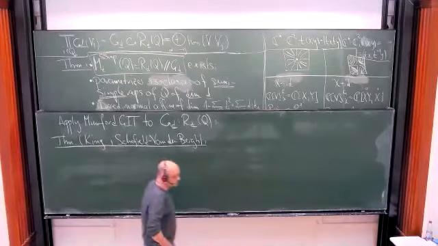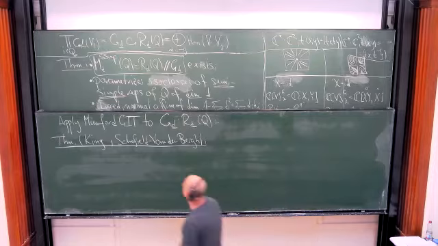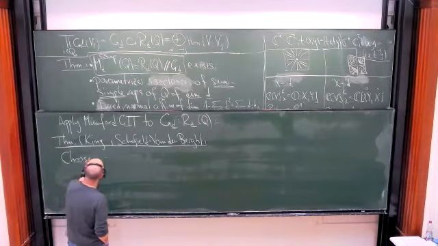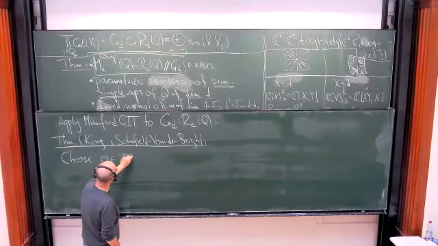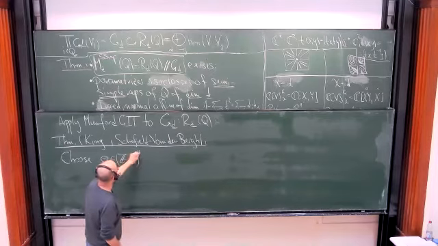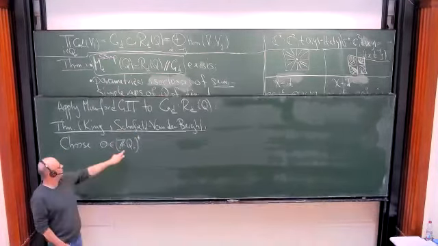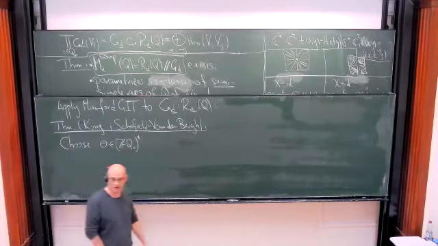So from the very beginning, we have to make a choice, like the choice of a character in Mumford GIT. So we choose a stability theta, which for us is nothing else than a linear function on the free abelian group on the vertices of the quiver.